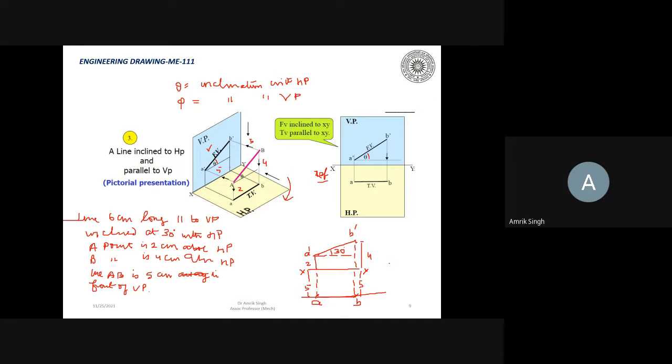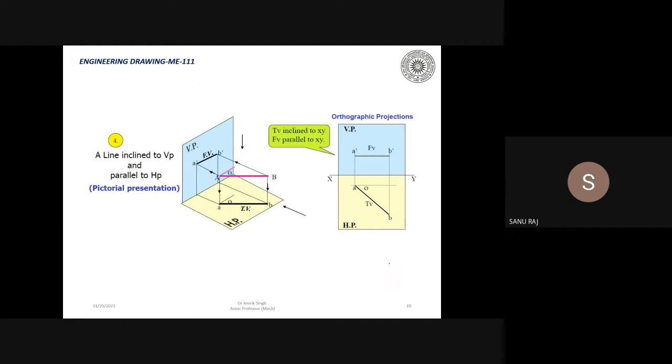ठीक है? Okay, sir. Suppose I say the line is parallel to HP and it is inclined with VP, so that will be the fourth case. तो ये समझ में आ गया? आगे चलें? Yes, sir. So now this is a case, a line which is inclined to VP and parallel to HP. So now you see it is inclined to VP.